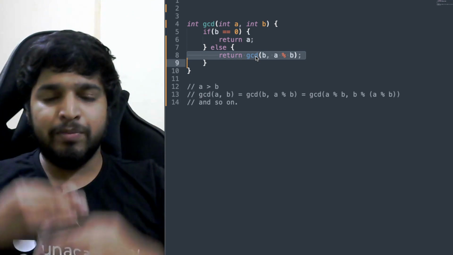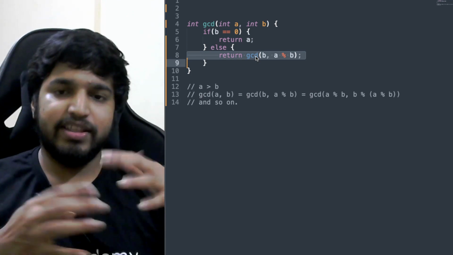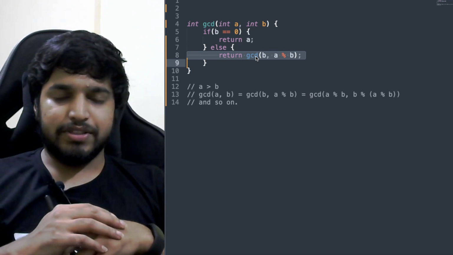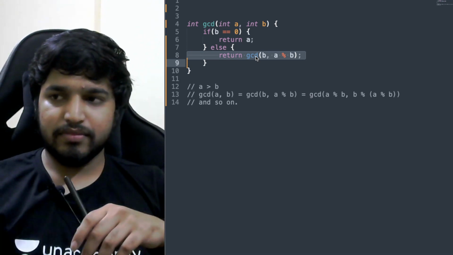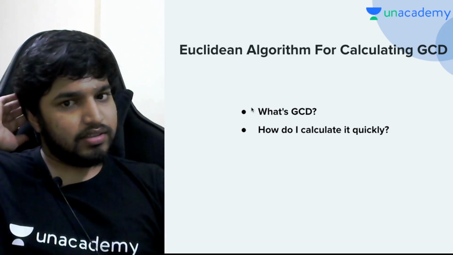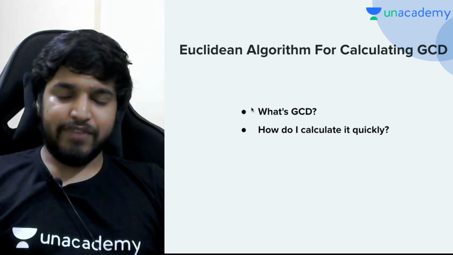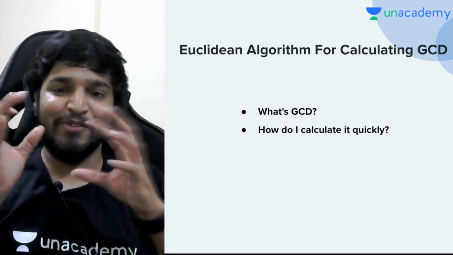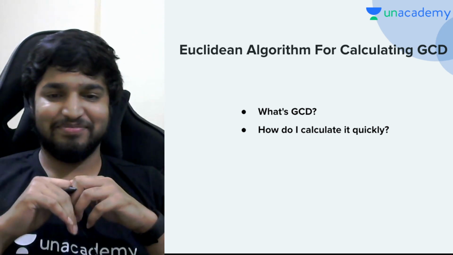You keep solving a smaller problem till you achieve the base case. Then you return the answer. That's what recursion is all about. Awesome. So we actually found out how to calculate it quickly in O of log B, log of minimum of the 2 numbers, which is really quick.